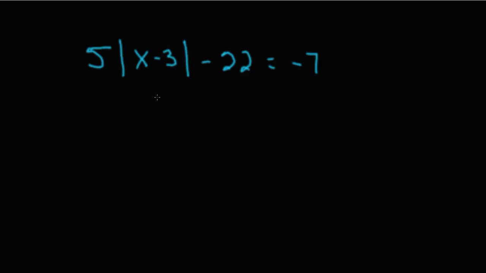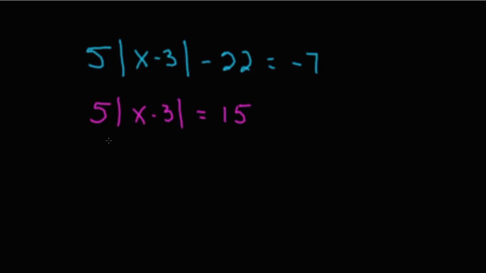There's too much to consider right now, so we've got to simplify it some. We'll say 5 times the absolute value of x minus 3, and we'll add 22 to both sides, equals 15. 22 plus a minus 22 is 0, and 22 plus a minus 7 is 15.